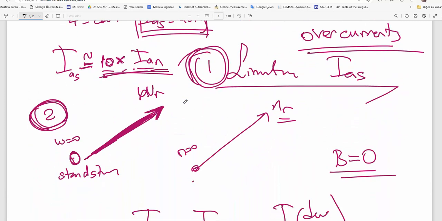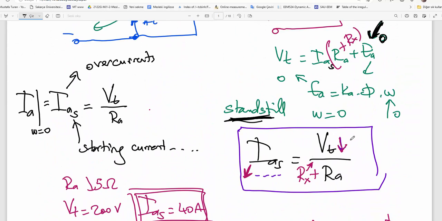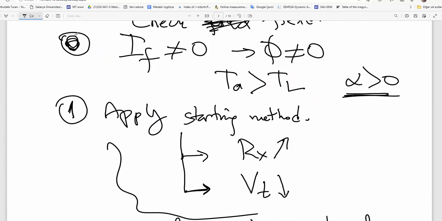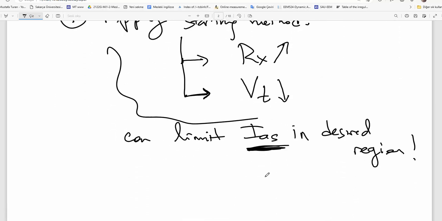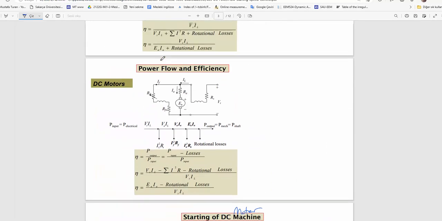There will be some damage in the winding or power supply, so you should limit the startup current by using some methods. Methods will include changing terminal voltage or adding some extra rheostats. But while doing that, initially at zero condition, you should check field current. Otherwise, there will be no induced torque, there will be no movement, no rotation. That's all about the starting process.